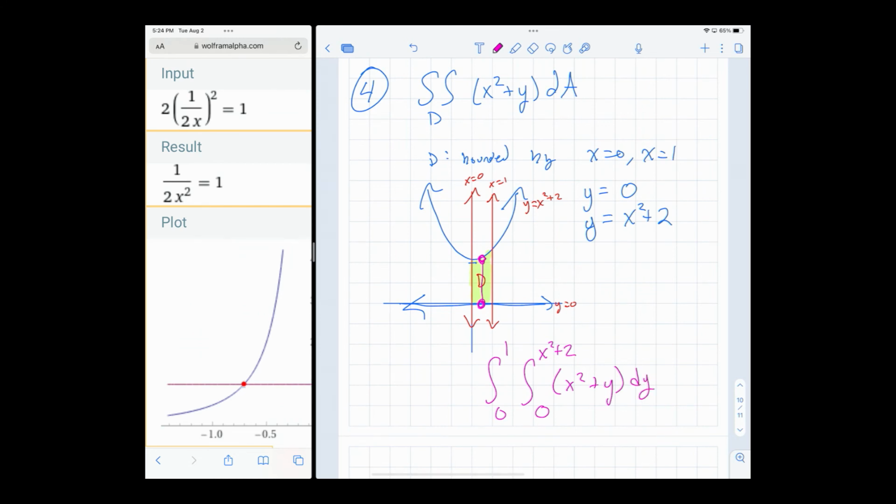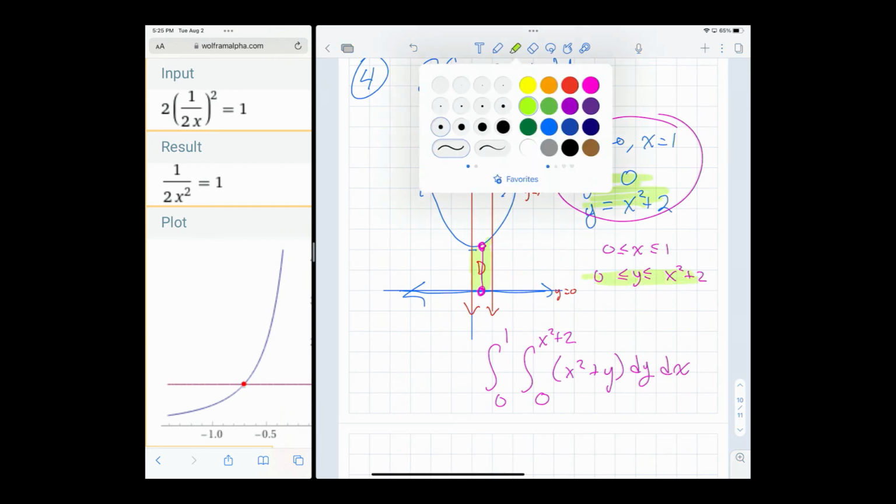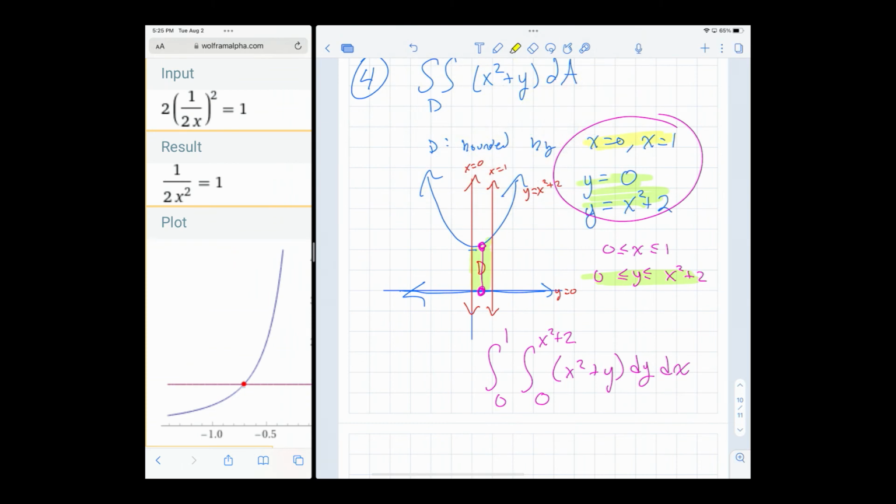We're going to do the dy integral first and then the dx integral. Okay, so you need to interpret these, draw the picture, and then you can interpret all this information as x is between 0 and 1, and y is in between 0 and x squared plus 2, right? Using these to get this, and these to get this.